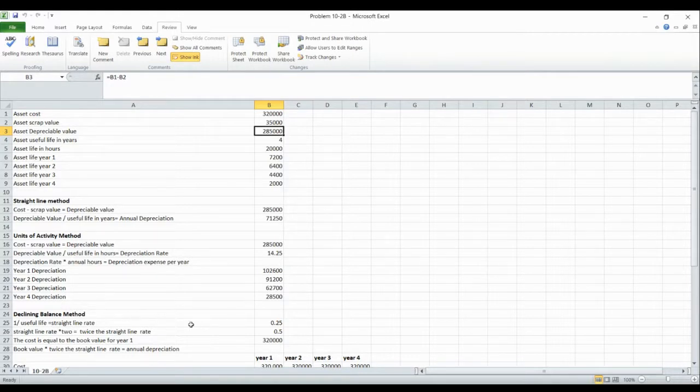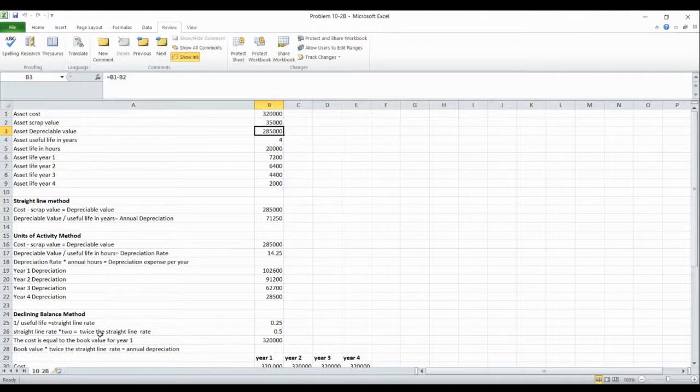Now, what I want you to look at is the declining balance method, because we've already talked about how to do the straight line method and the units of activity method, but this spreadsheet also shows you how to calculate that again if you need additional help. You could stop your video and look at this if you want to.